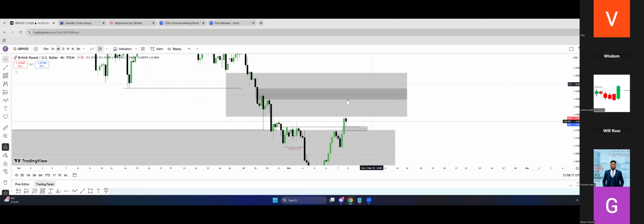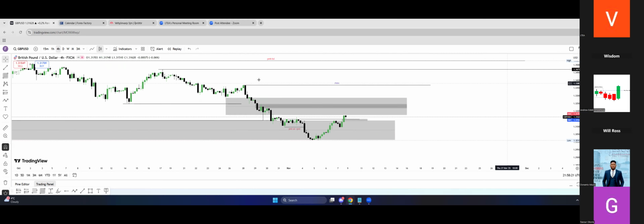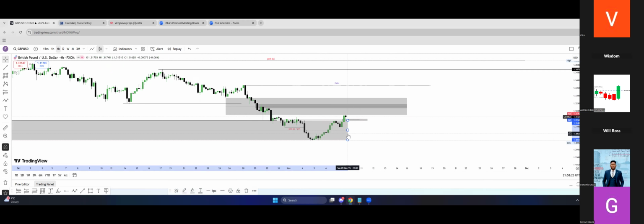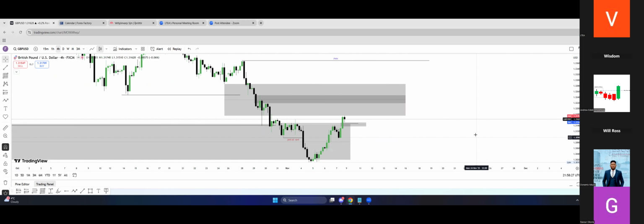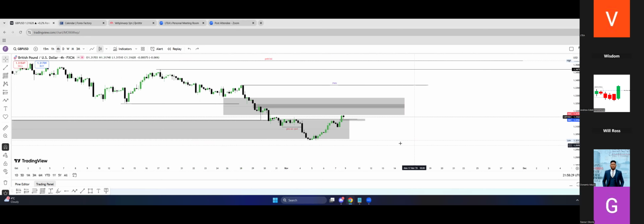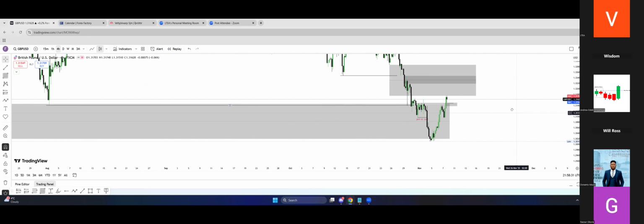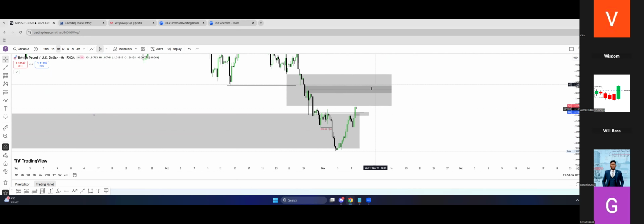From where? From this inefficiency, the very first point of interest in our area after trading into this inefficiency, giving us change in state of delivery, and price saying that it wants to go higher. So the very first point of interest that you might notice is this one. This is where price is going to tell us we are going down or up.